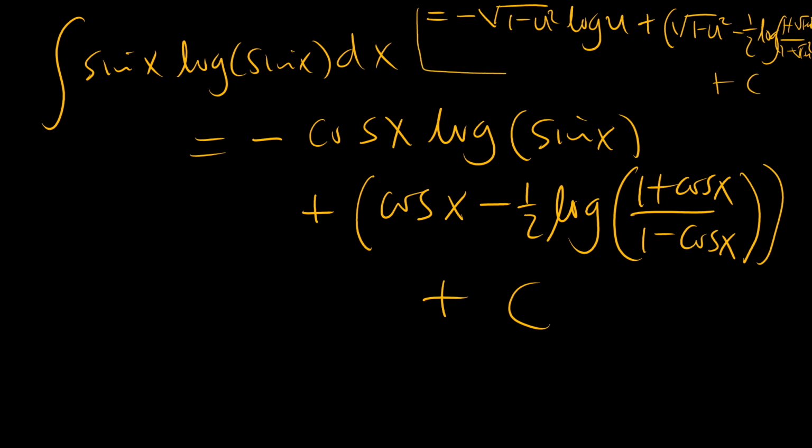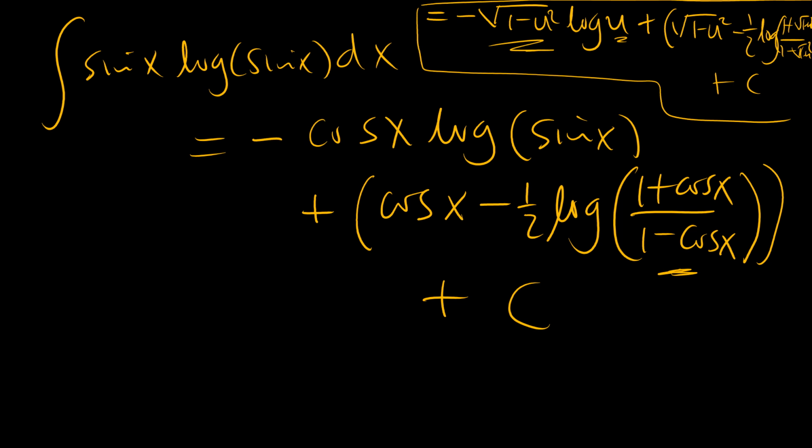So this is where we are picking things from. And we had seen previously that square root of 1 minus u squared is the same as cosine x. U was the same as sine x. So I'm sure we can simplify this further.